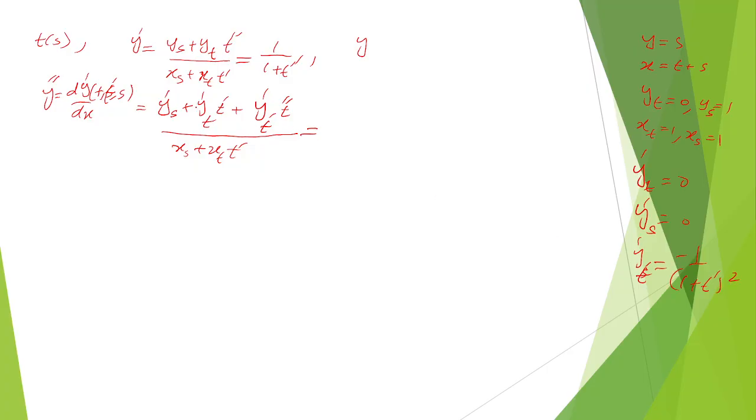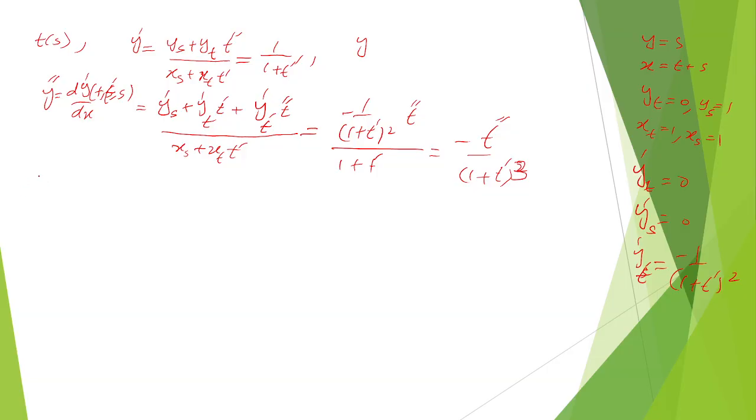So this term is 0, this is 0, and this will give me minus 1 over 1 plus t dash square t double dash, and this is 1, xs is 1, xt is 1, so t dash. So this is overall minus t double dash over 1 plus t dash square, not square, cube.